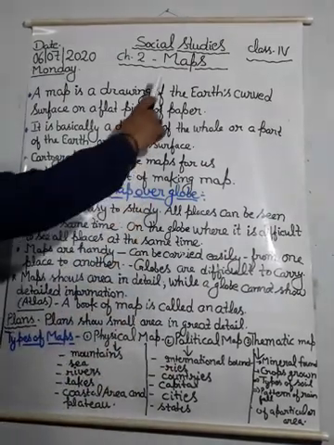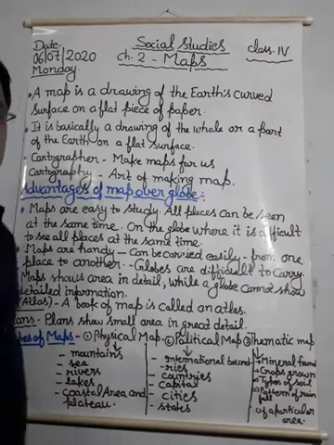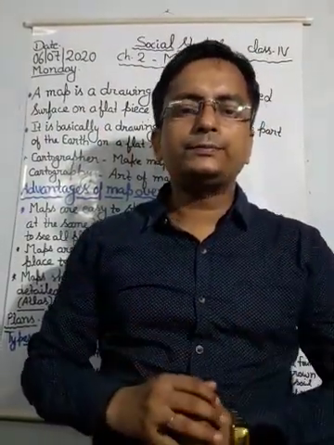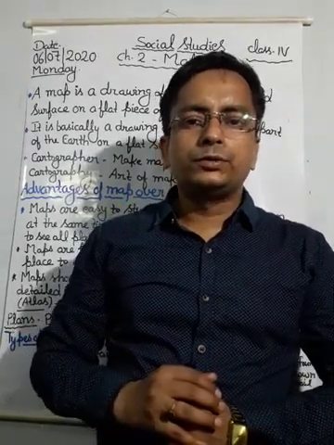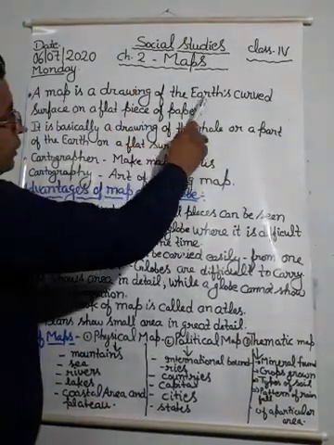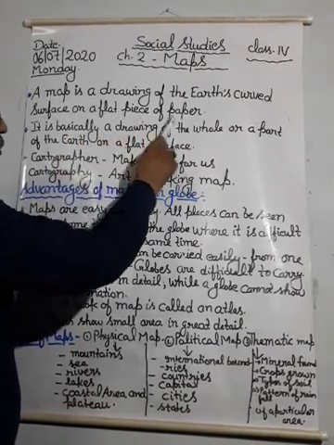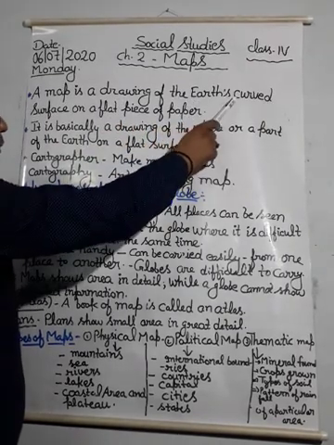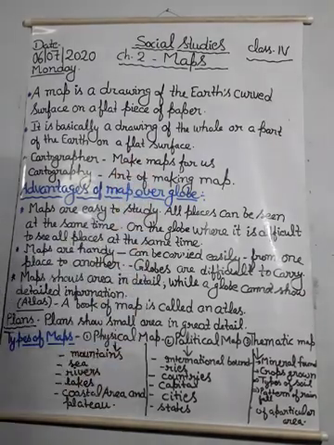First of all, the chapter name is Maps. So first of all, we will clarify what is a map. Dear student, a map is a drawing of the Earth's curved surface on a flat piece of paper.